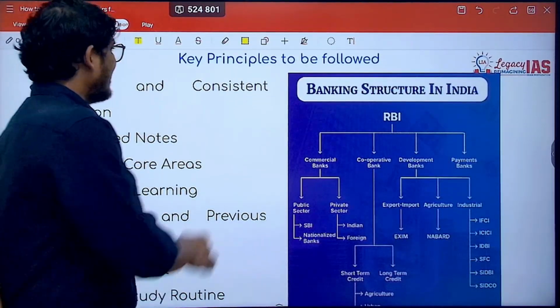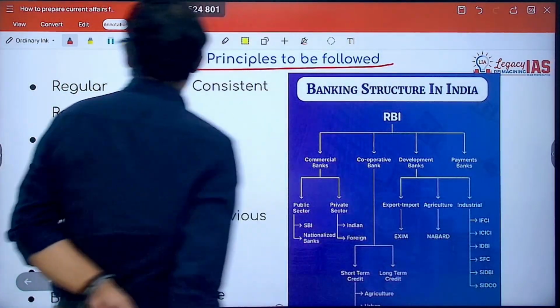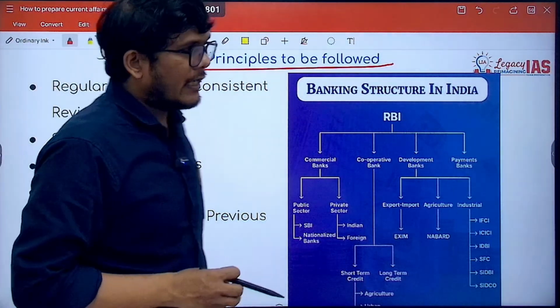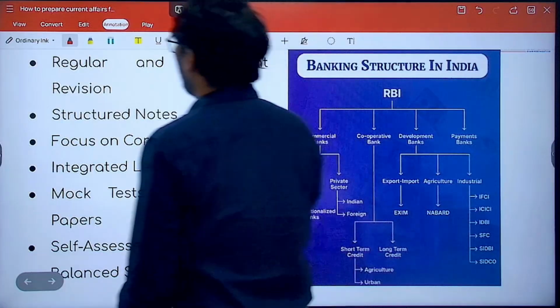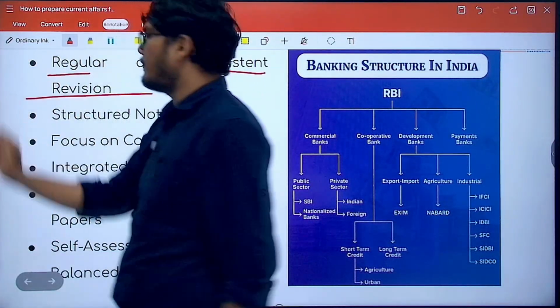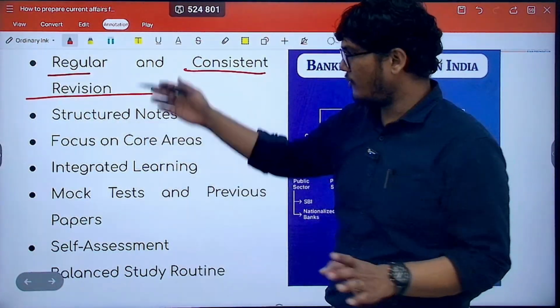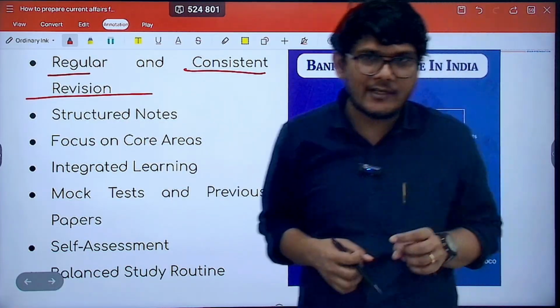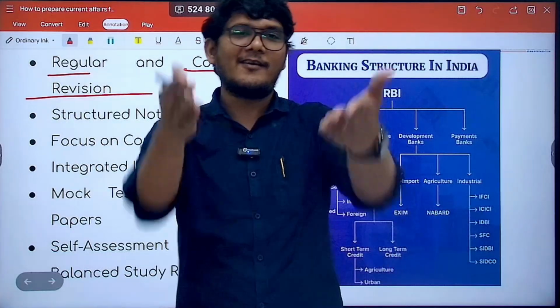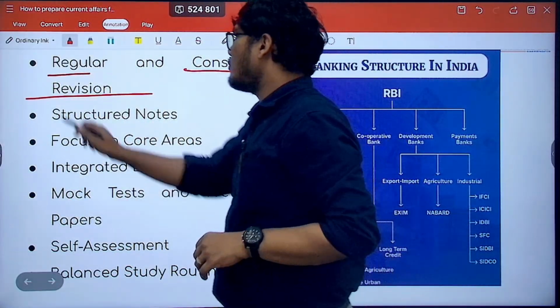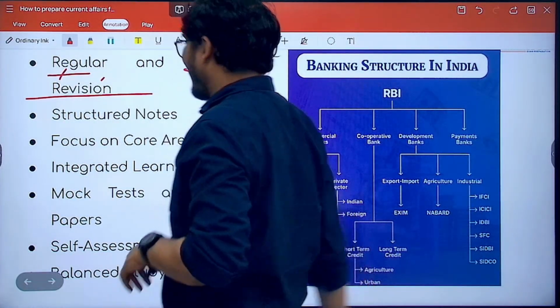Now next, there are certain key principles that you have to follow in order to score well. The very first thing is regular and consistent revision. That is very important. I'll just browse quickly over this, because this is not much of a discussion. This is something we need from your end, that you regularly and consistently revise.